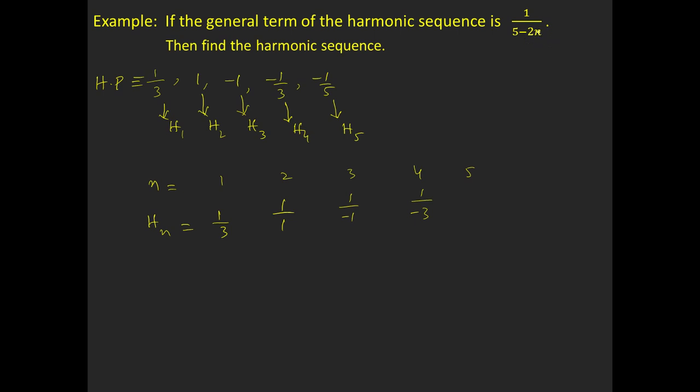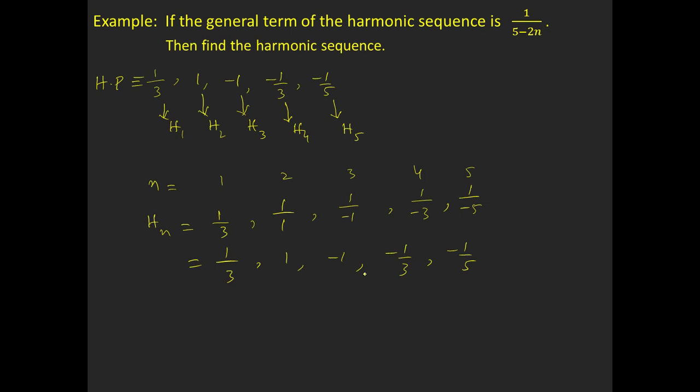If we put n is equal to 5, so 5 minus 10 is minus 5, so 1 divided by minus 5. After simplification, this will be equal to 1, then minus 1, then minus 1 by 3, and then minus 1 by 5.